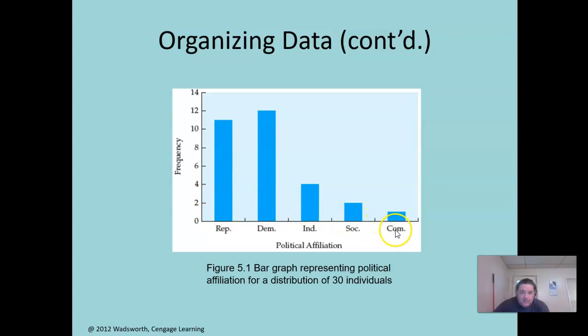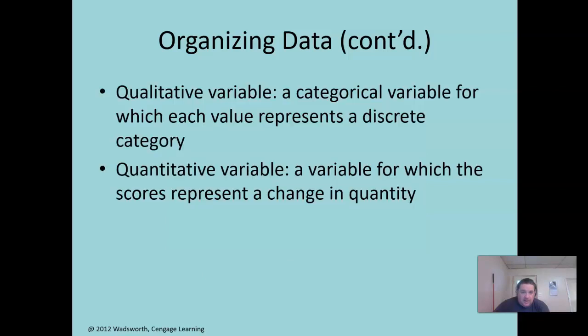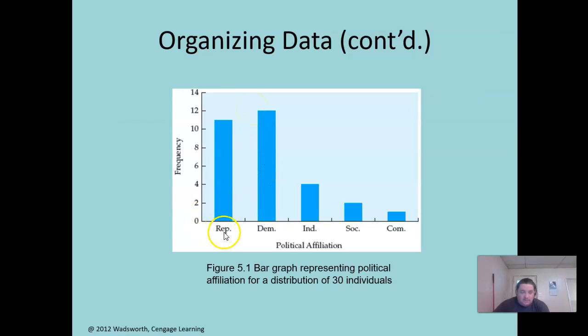Those would be the qualitative variable, because it's a name. Think quality, qualitative. This is also the nominal variable, right? Because it's the name of something. It's the lowest level of variable that we can have.